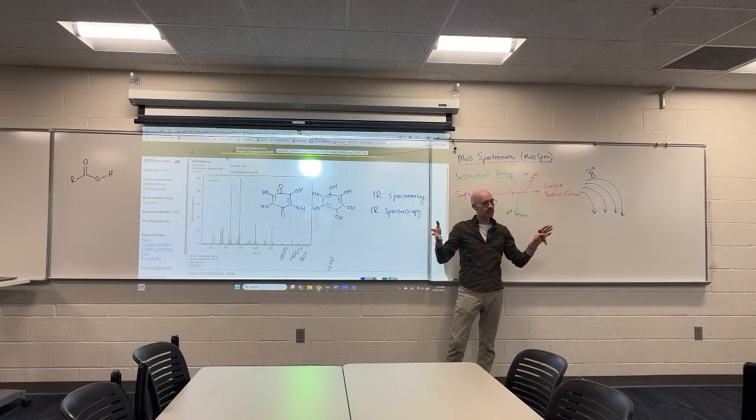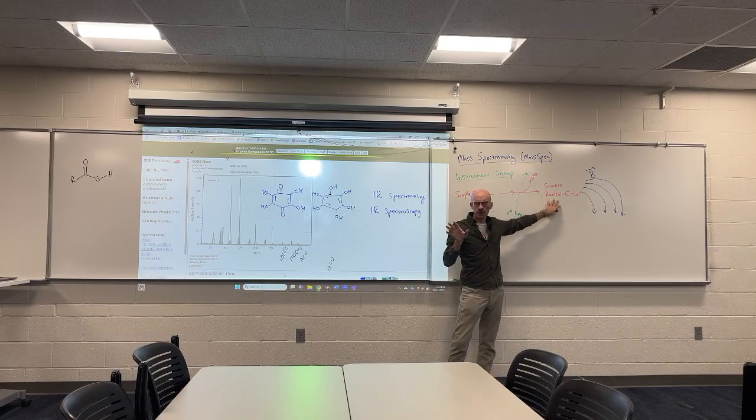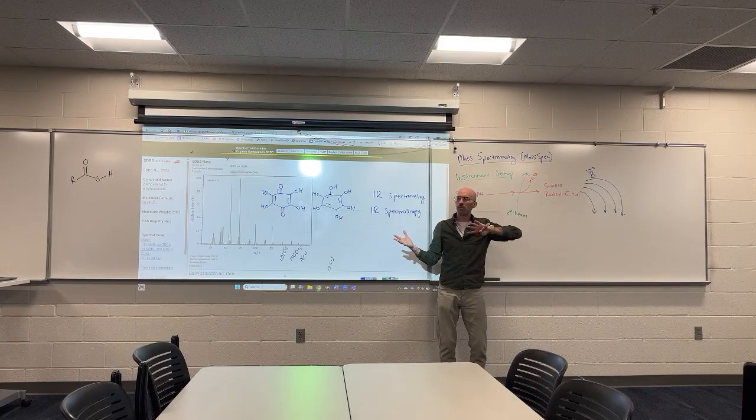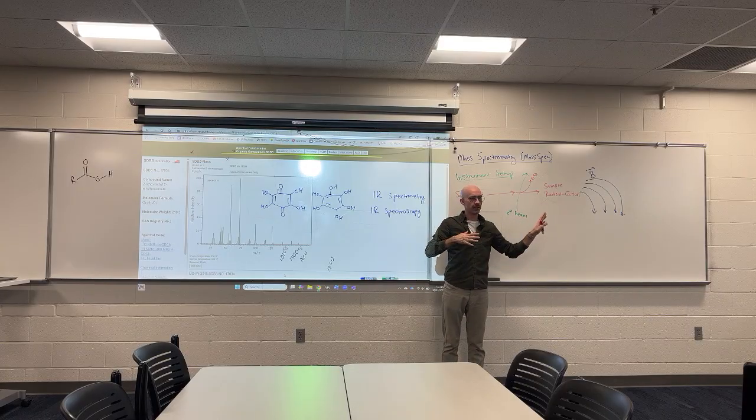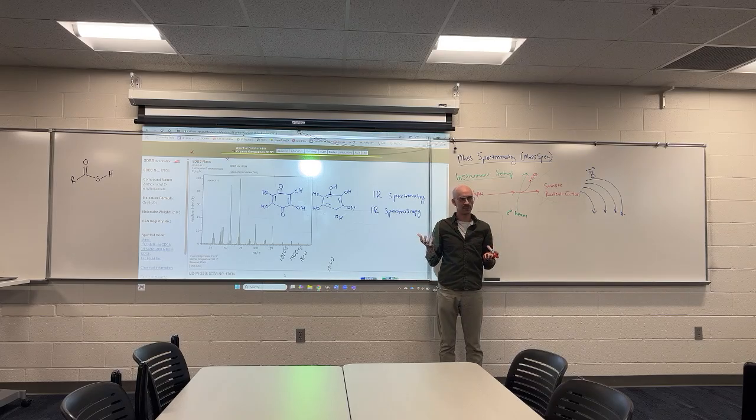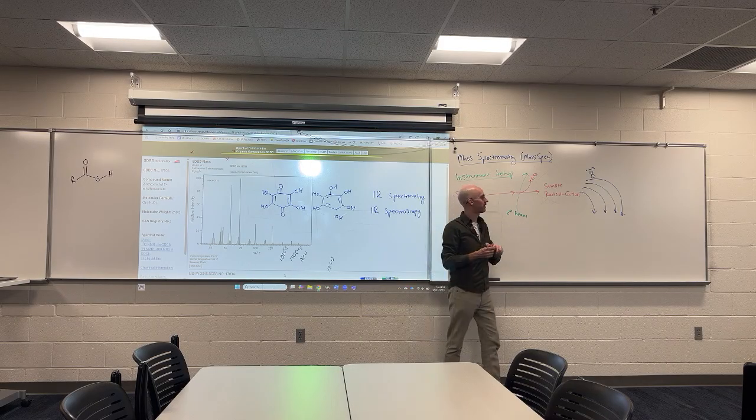So let's say that these fragments, all of your compounds, are moving with the same speed, but they have different masses. Those heavier massed compounds are actually a little bit harder to pull on with the magnetic field because they're moving at the same speed, they've got more momentum.